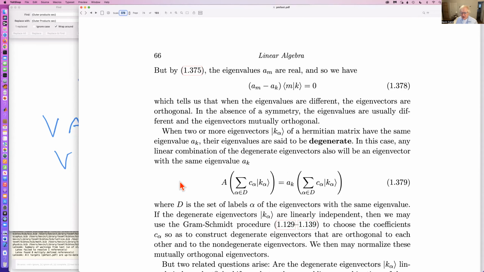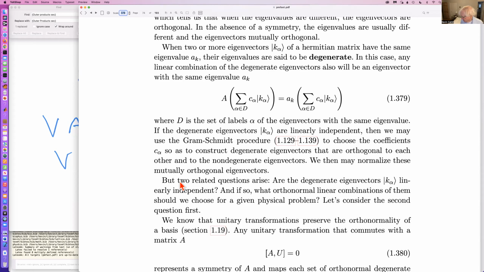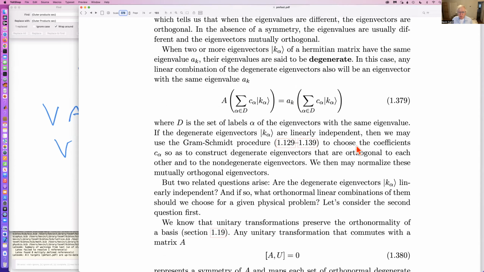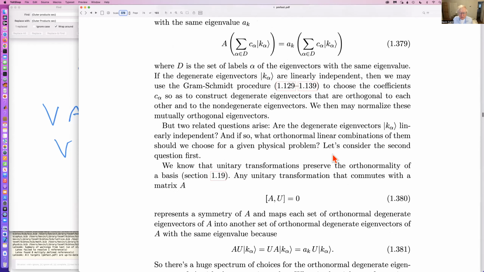And then the rest of this section is sort of a long, drawn-out section in which I discussed degeneracy. Well, if you have several eigenvectors with the same eigenvalue, and they're linearly independent, then what you can do is choose them to be orthogonal, because you can make any set of linearly independent vectors orthogonal and orthonormal for that matter.